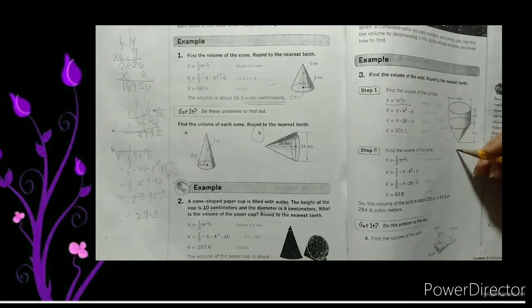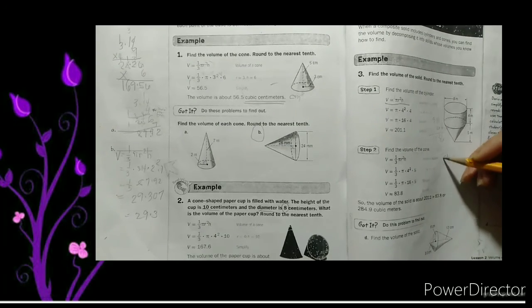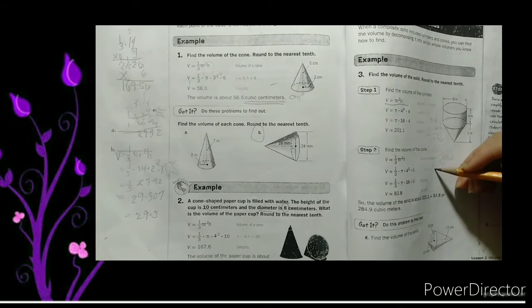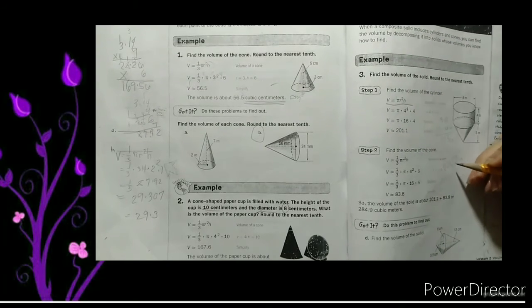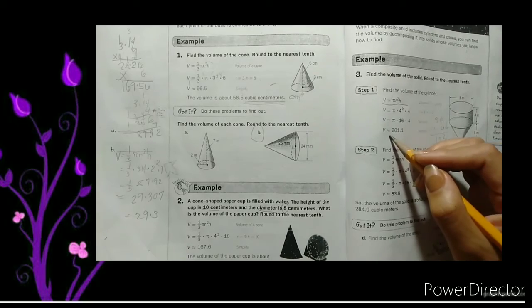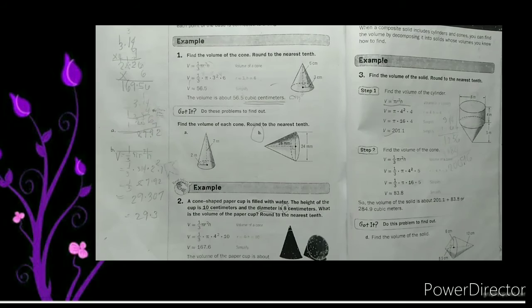The answer here is 200.96. So you will round off to the nearest tenth. So the answer is 201.1. Then step 2, after getting the volume of the cylinder.